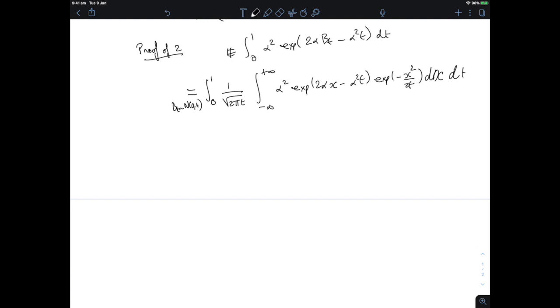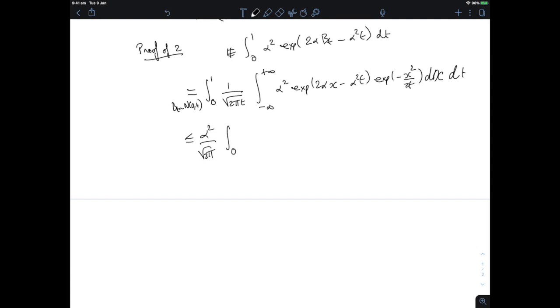Okay, so we need to compute that. All I need to show is that it is finite. So in order to do that, I'm just going to say that exponential of minus alpha squared t is smaller than 1. Alpha squared and square root of 2 pi are just numbers.